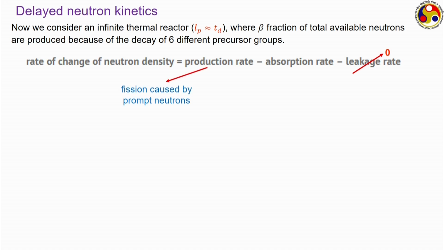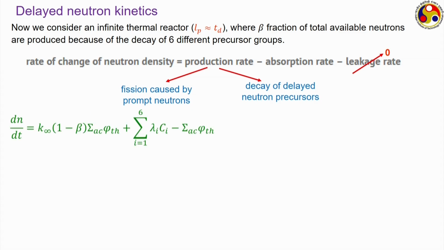But now for production, while earlier we considered production only because of fission caused by neutrons, here we can also have production because of the decay of the delayed neutron precursors. So that needs to be taken into consideration. This is the equation that we have here. In this equation there are two parts.